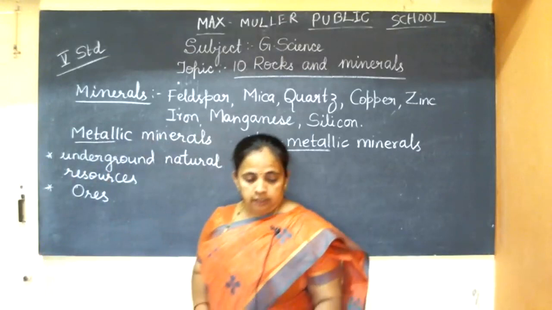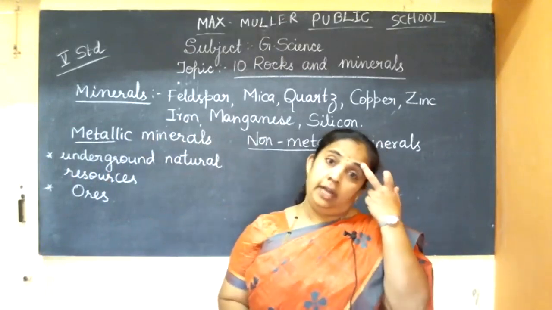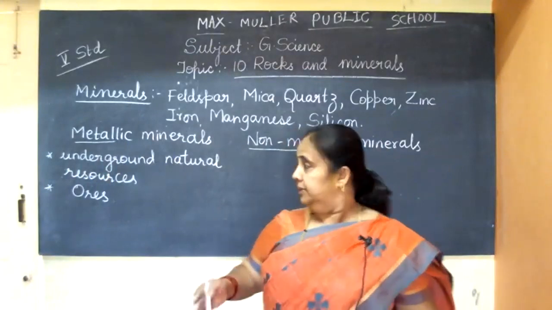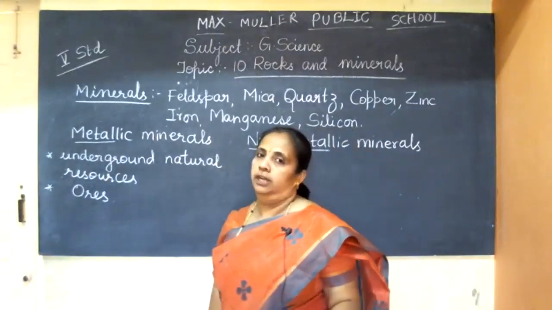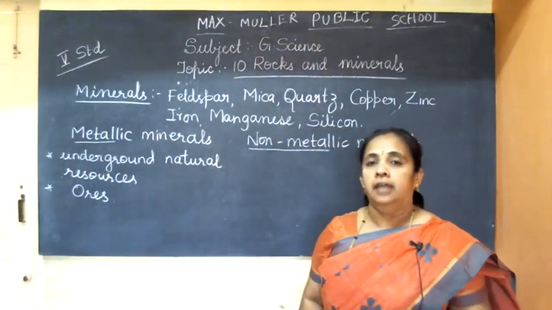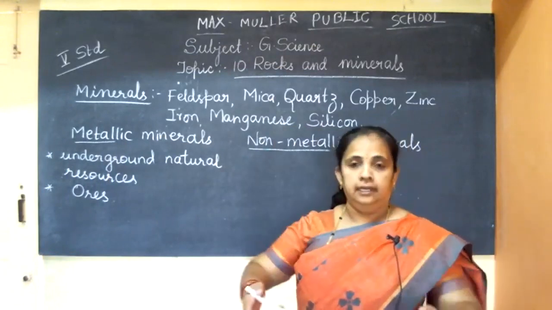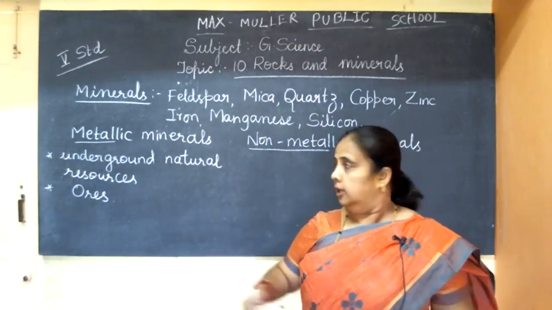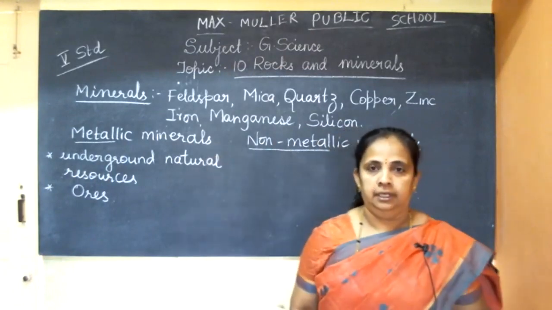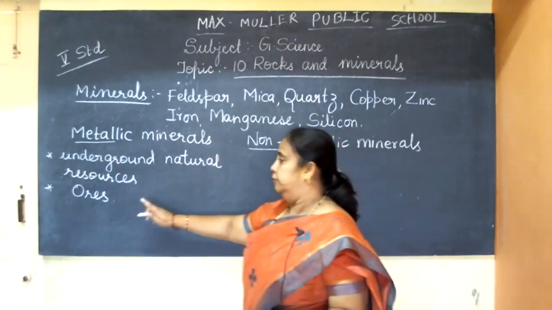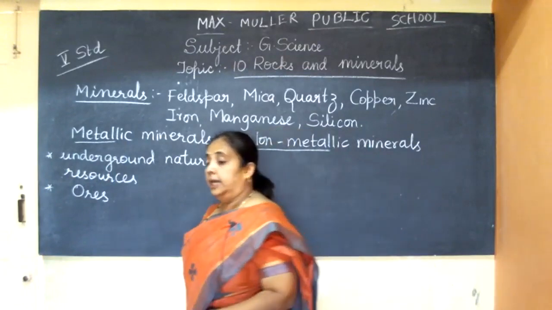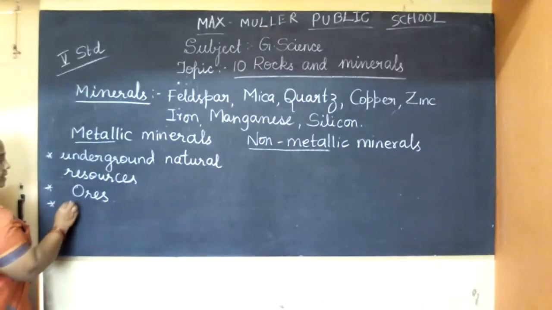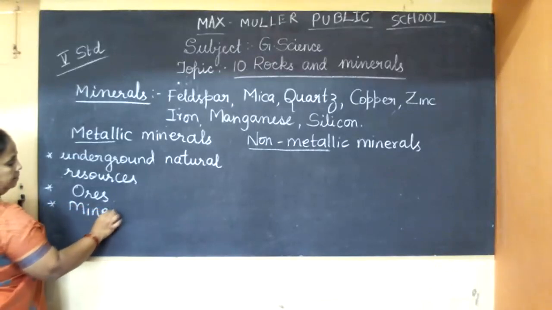So they have to dig deep inside the ground, like a tunnel, in order to get these metallic minerals. The tunnel that they dig to get the mineral is called a mine.